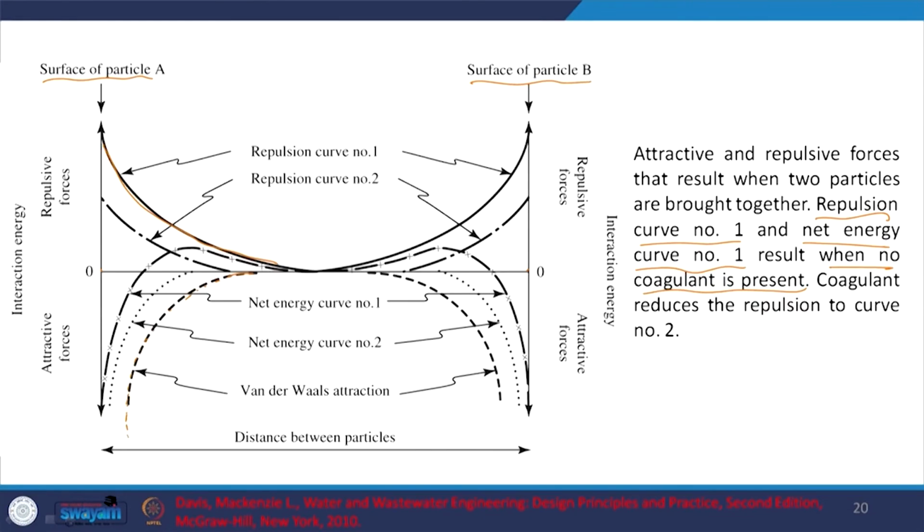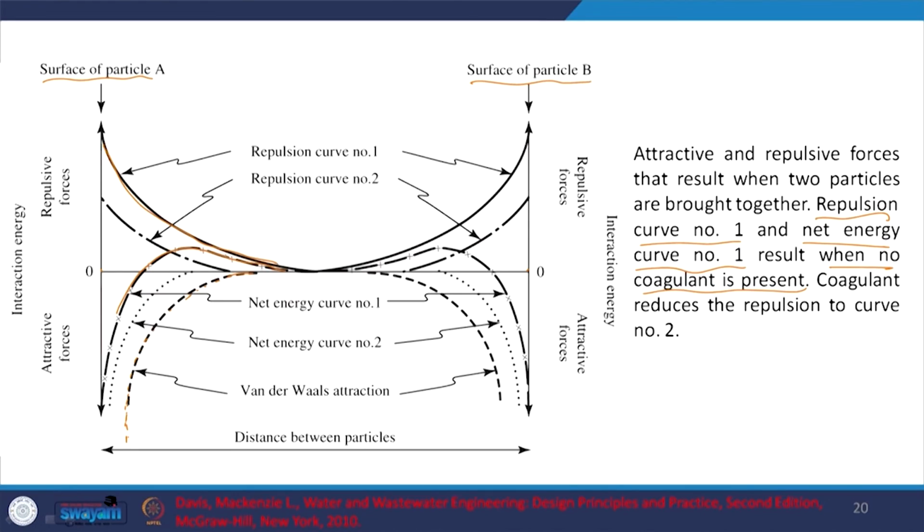But the net is somewhere here, and as you see, this is a barrier my particle can't cross. As it comes nearby, this repulsion will push it away.